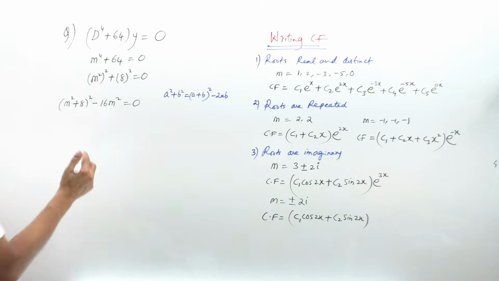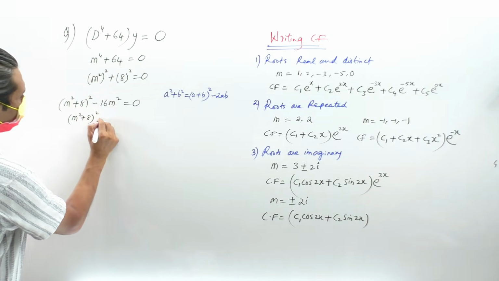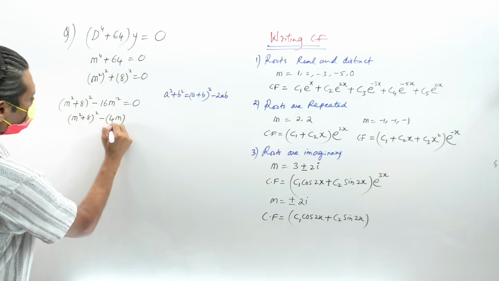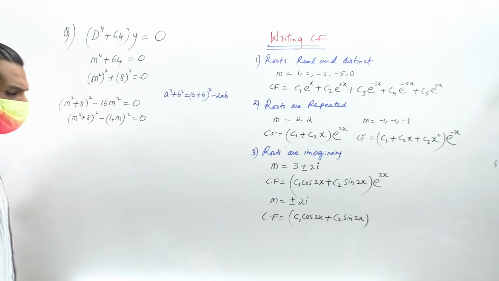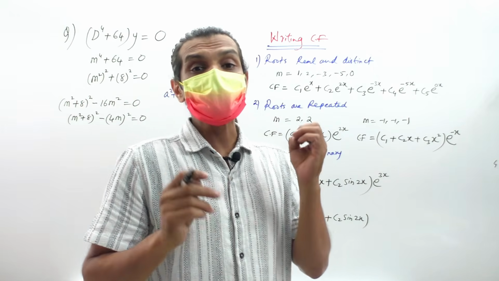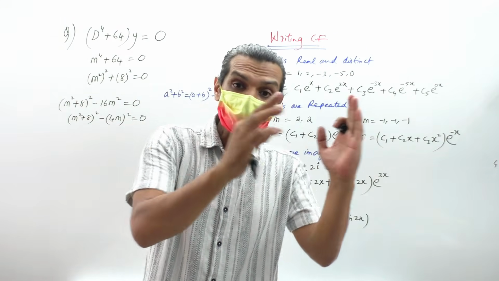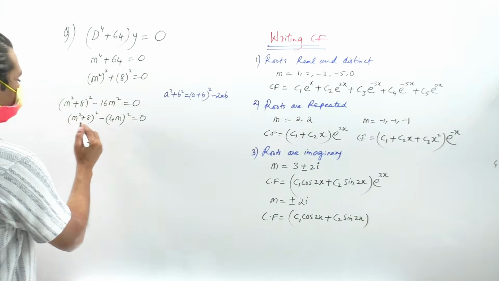Now again I will write this in the form m square plus 8 the whole square minus 4m square. A very standard identity, a square minus b square is equal to a plus b into a minus b. So let's write it down here.